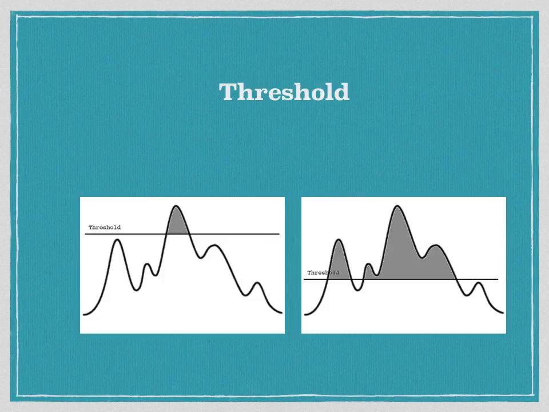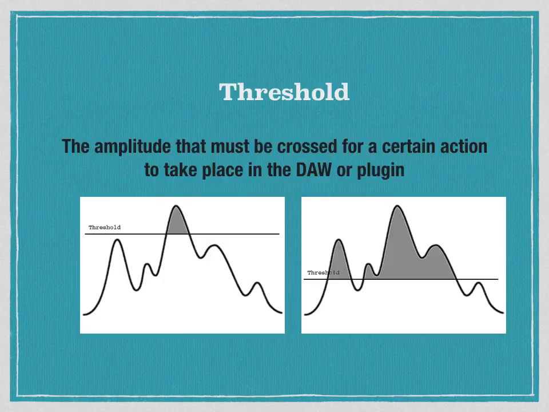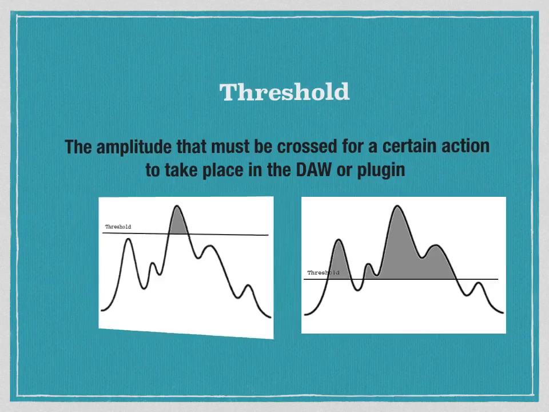You can see the first one only allows the top little peak to go to the output, whereas the second one allows many more parts of the signal. The threshold basically is the amplitude that must be crossed for a certain action to take place in the DAW or the plugin. And it's a very important parameter.